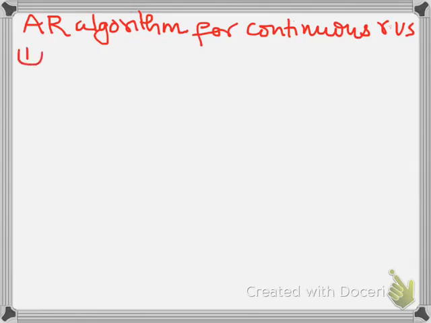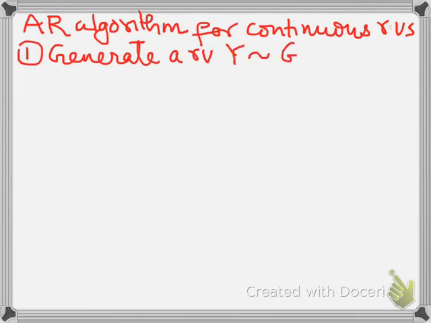So the first step is we generate a random variable Y that is coming from G, distribution g(y).